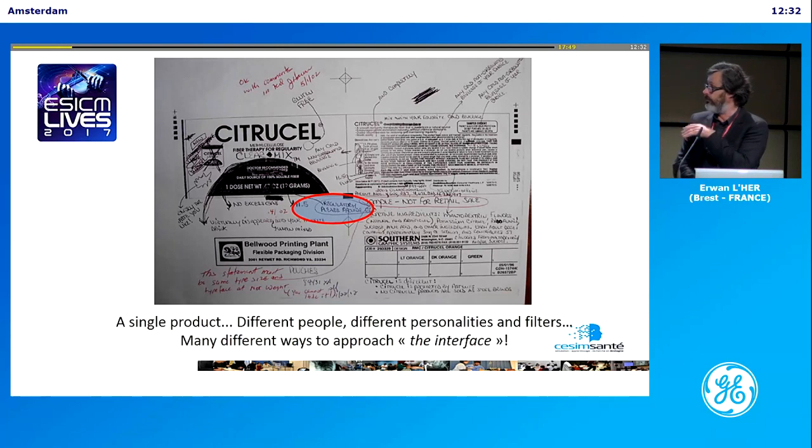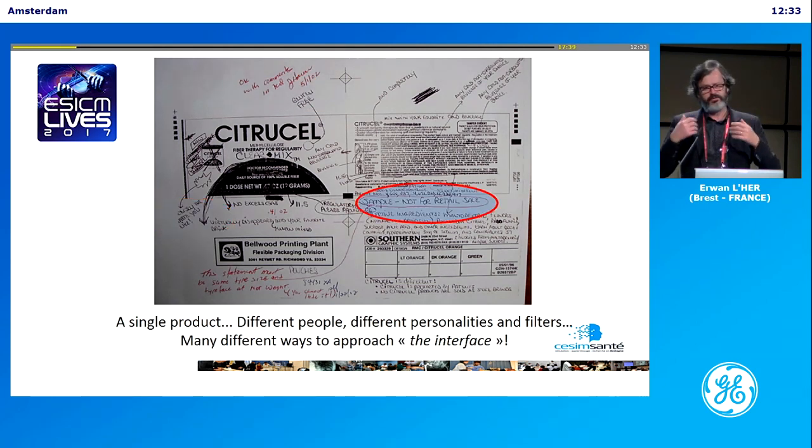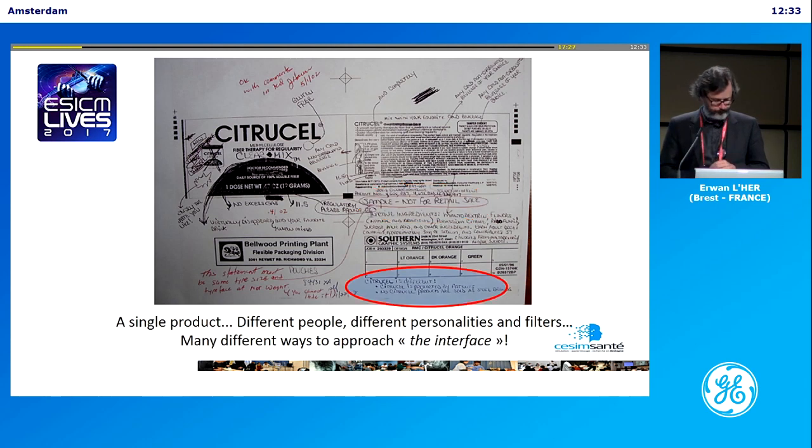There were several regulatory problems, several ways to read what was inside the notice. So nobody will have exactly the same way to understand the ergonomy of the device. So when we try to evaluate the ergonomy, we should take into account all these different types of interrogations.